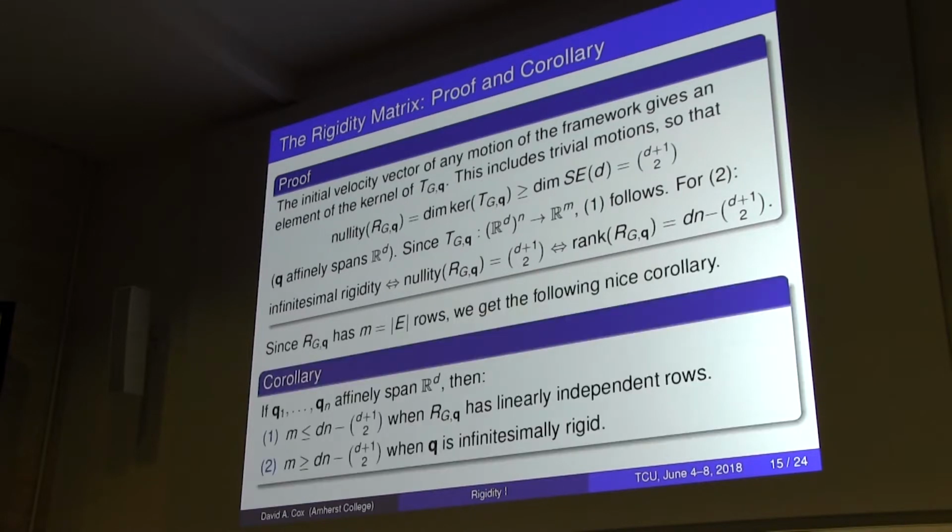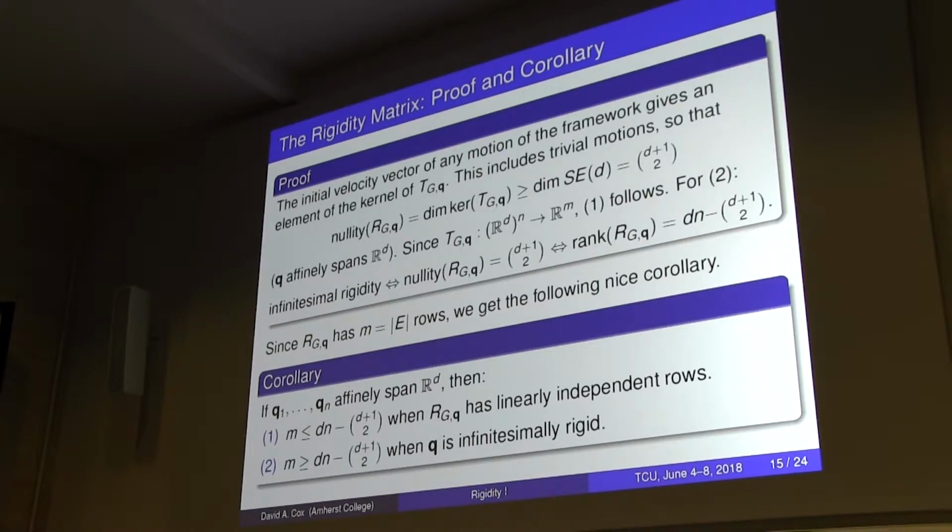And now the corollary is just the observation that in this rigidity matrix, m is the number of rows of the matrix. So for example, the first thing says, suppose it has linearly independent rows. Well, that says that the rank is equal to the number of rows. But then I have that result with the rank being m, so that turns into that.